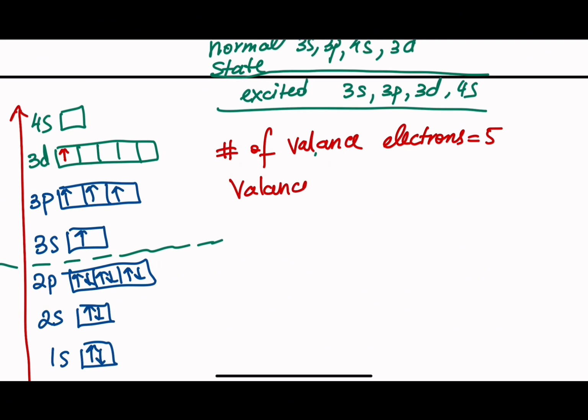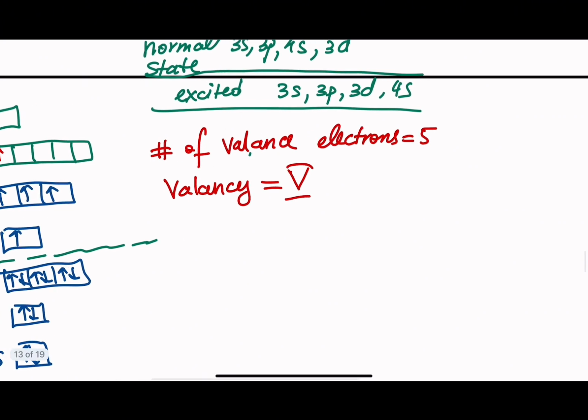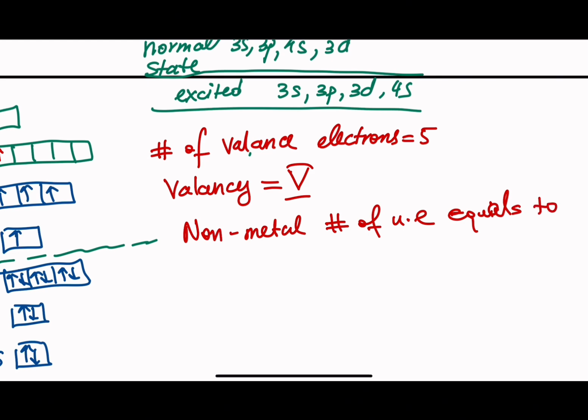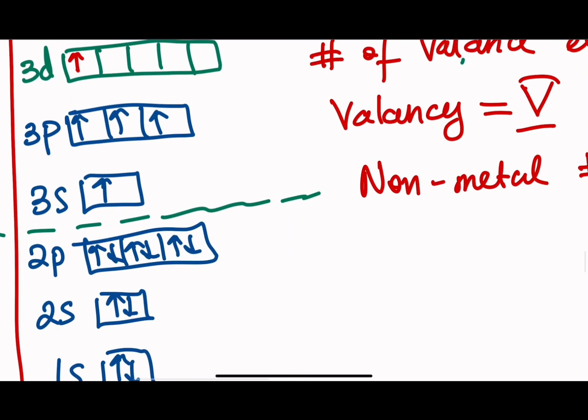In this case, valency will equal 5, because in nonmetals the number of unpaired electrons equals the valency. Okay, so we have in this case 1, 2, 3, 4, 5 valence electrons.